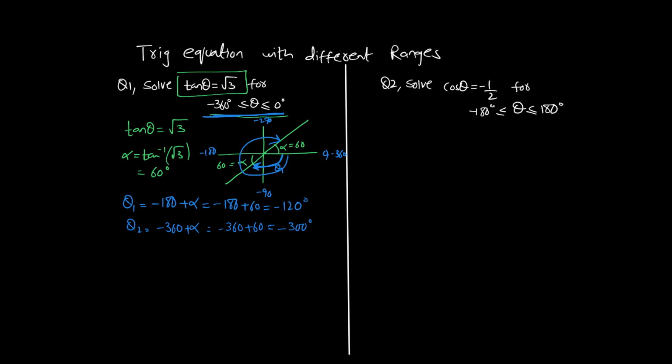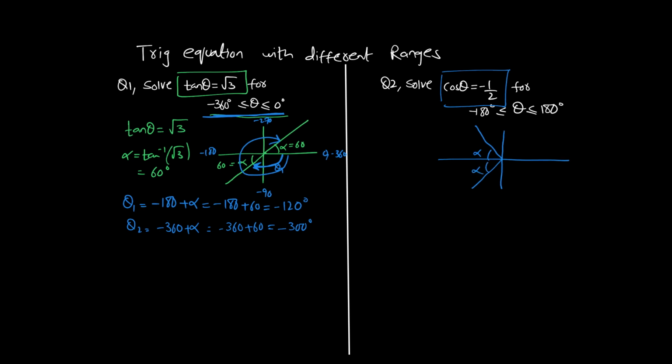Let's say if you have this question जिसमें cos theta is negative and the range is from minus 180 to 180. So let's first of all mark where your cos theta is negative. So cos theta is negative in the second and in the third quadrant, meaning these angles would be your basic angle.